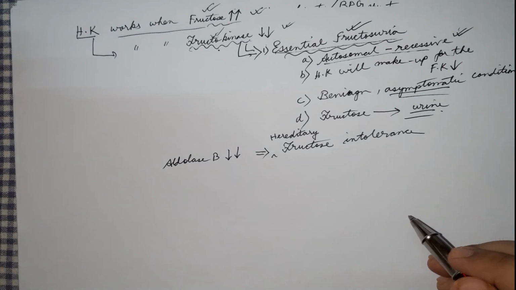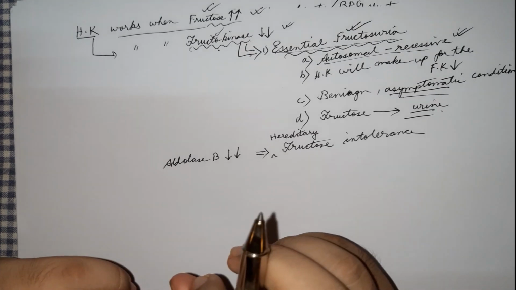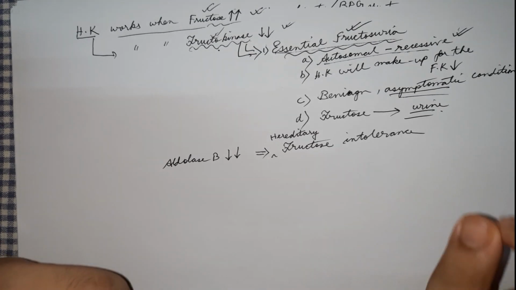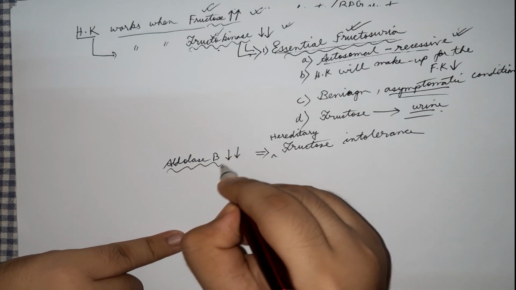So what about hereditary fructose intolerance? Hereditary fructose intolerance is a little more serious condition than essential fructosuria. Obviously that occurs when aldolase B is deficient.